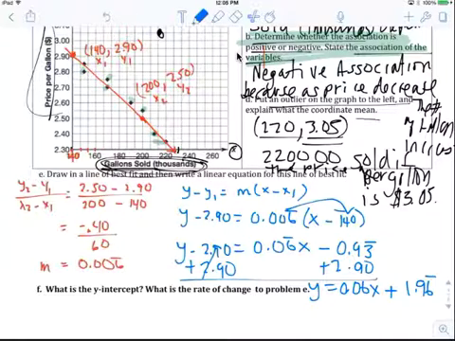Okay? So, what is your y-intercept? The y-intercept is... that doesn't look right. There's something wrong with this.